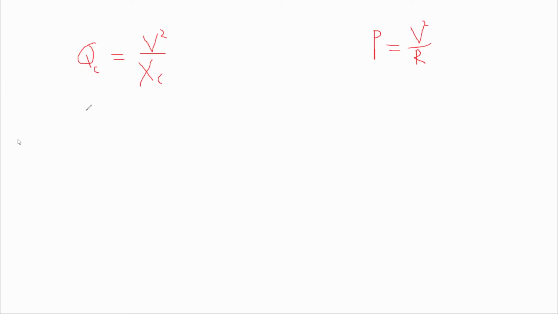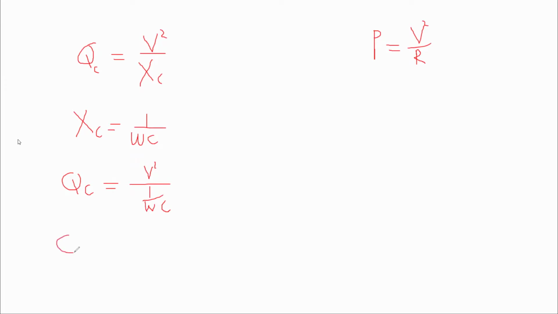Now XC equals 1 over omega C. So we can plug it in here. So QC equals V squared over 1 over omega C. Okay, rearrange this. So let's multiply this by that side.